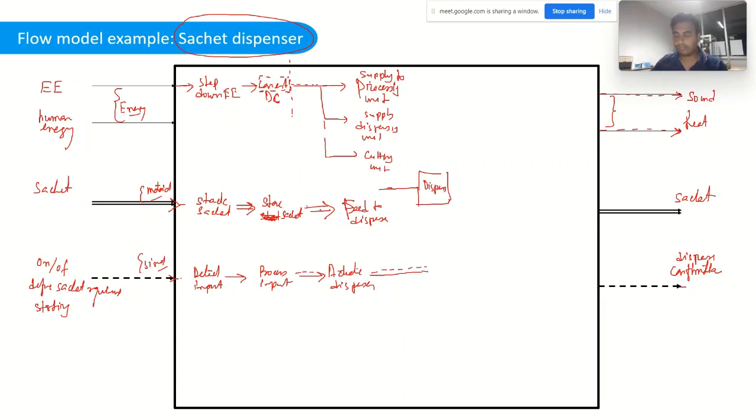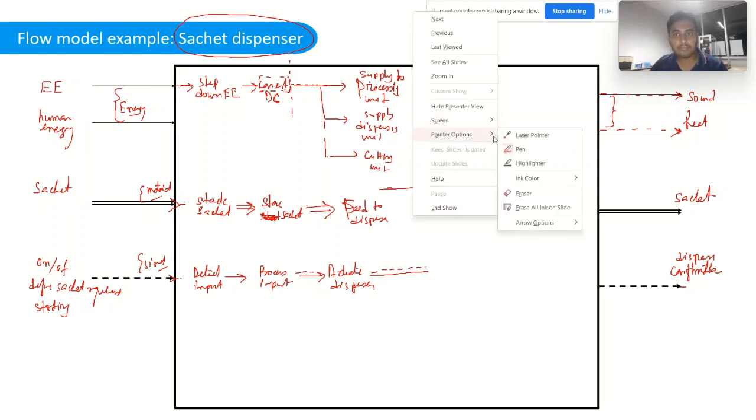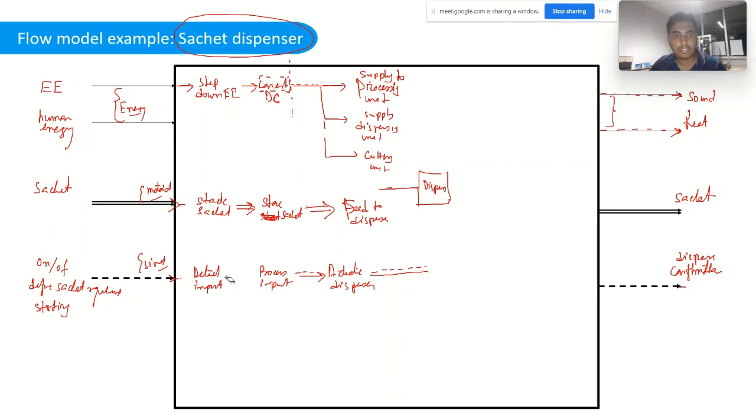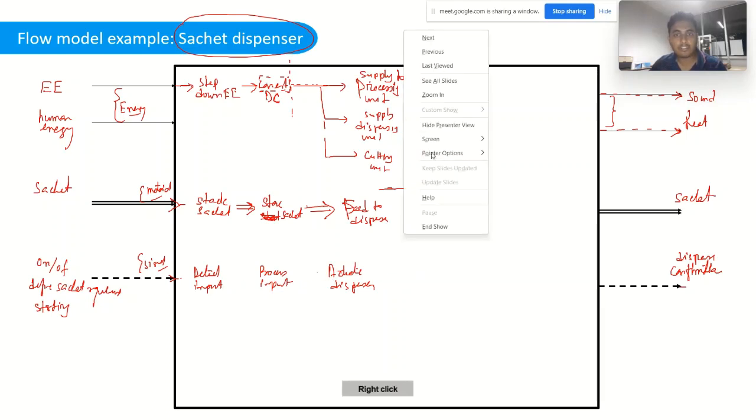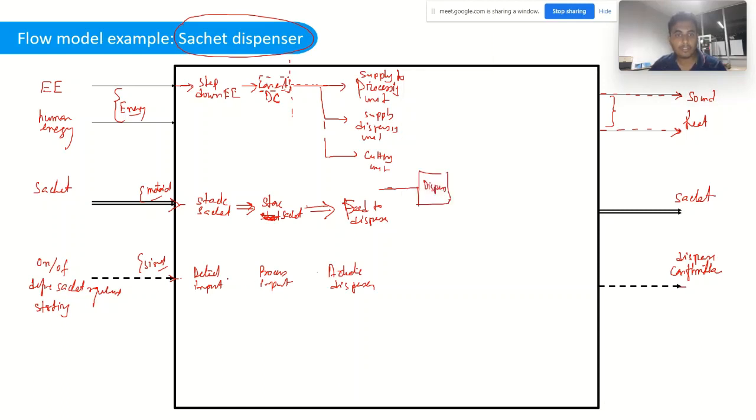Let me erase this, because these need to be in the form of signals. So if there's a dispenser, that means it will actuate the dispenser. It's giving a signal to the dispenser to start it.